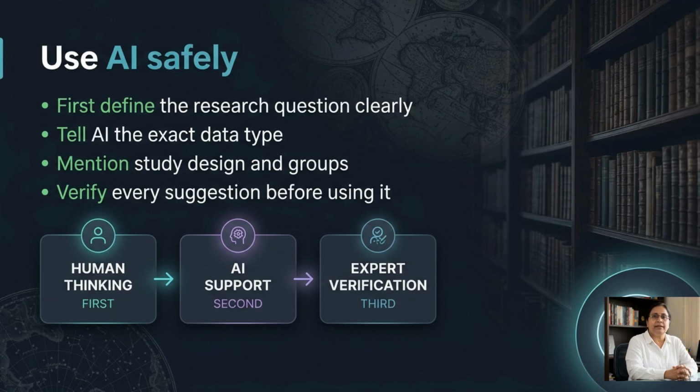Third, use AI as a helper, not as the final decision maker. And fourth, verify every important suggestion before you use it in a proposal, dissertation, manuscript, or student project. AI can assist your thinking, but it should not replace statistical reasoning.